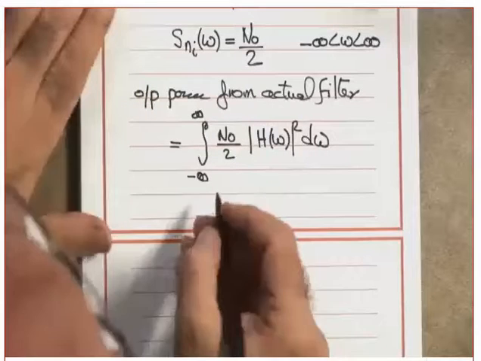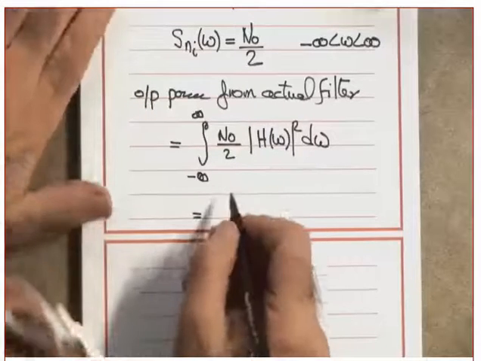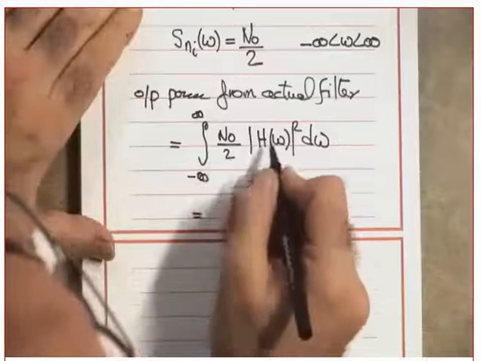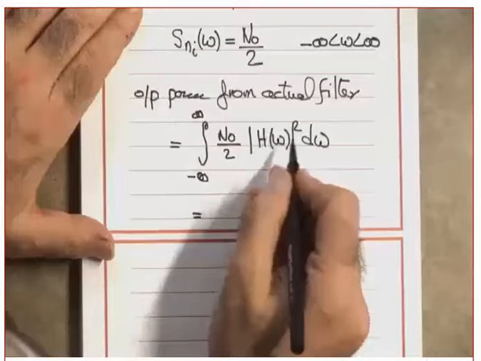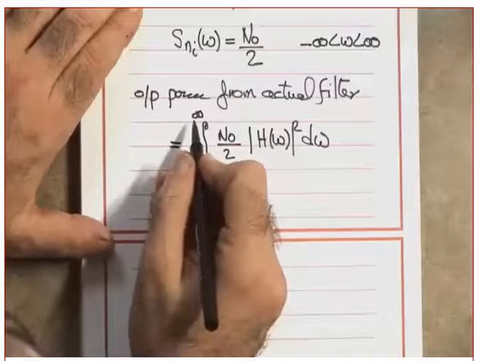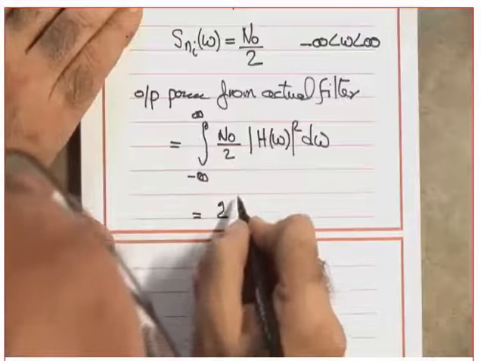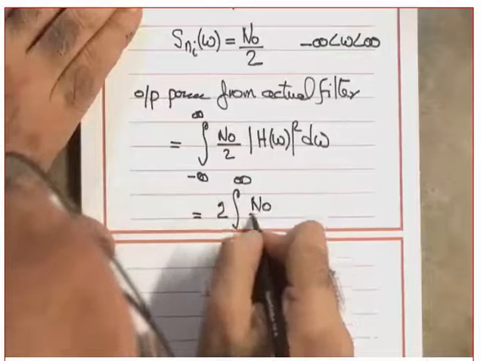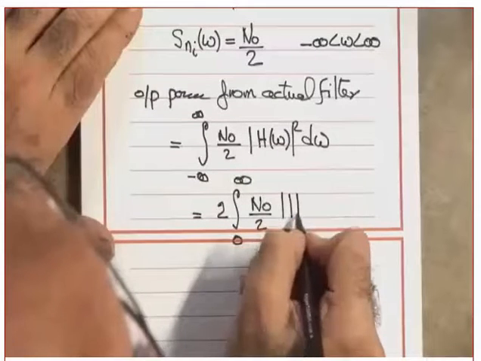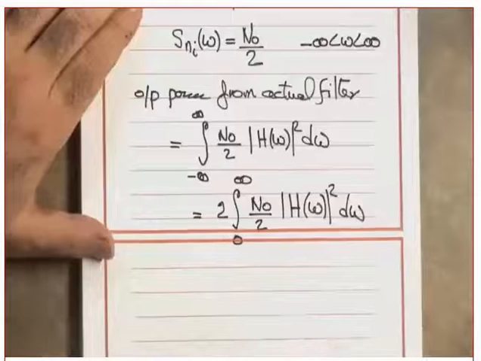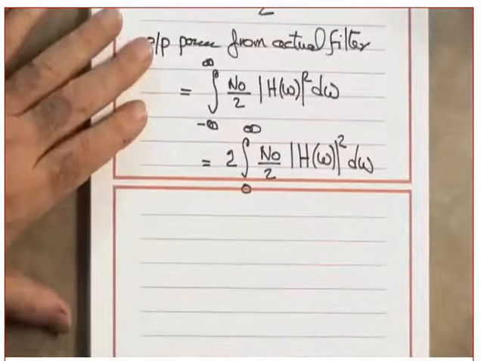Yes or no? Which is equal to what? Did you follow me? Now, is this symmetric? Absolute value. Is it an even function? Which means what? Can I multiply by 2 and integrate from 0 to infinity? So what do I have? 2, 0 to infinity, N0/2 times what? Yes or no?